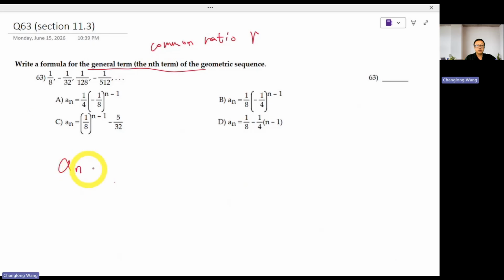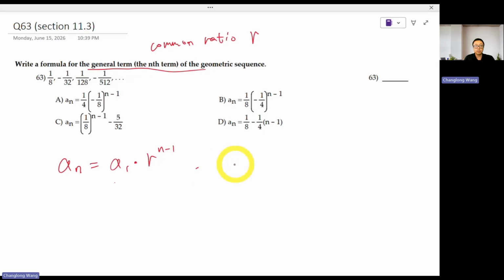So a sub n is in this case a1 times r to the n minus 1. You remember that this one has a sub n, n minus m, so you can find it on your own. In this case, we have n. We do want to leave n as is.